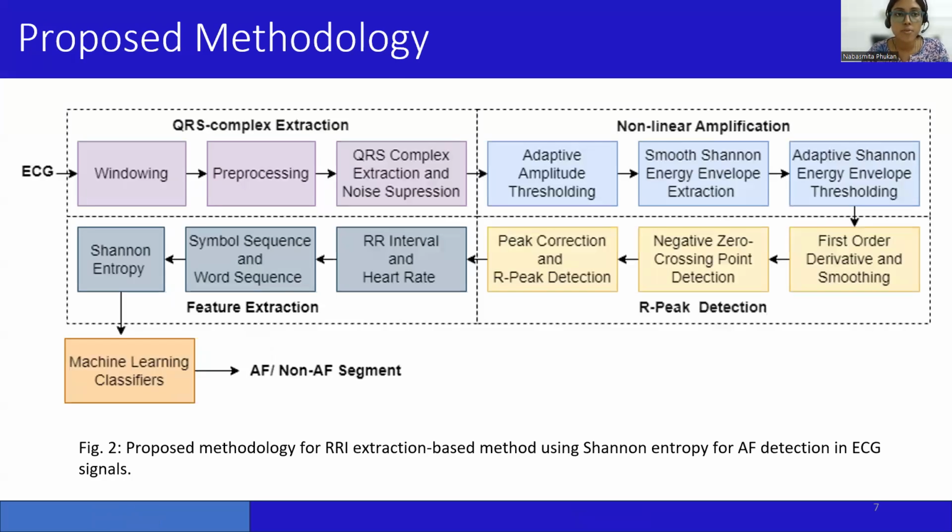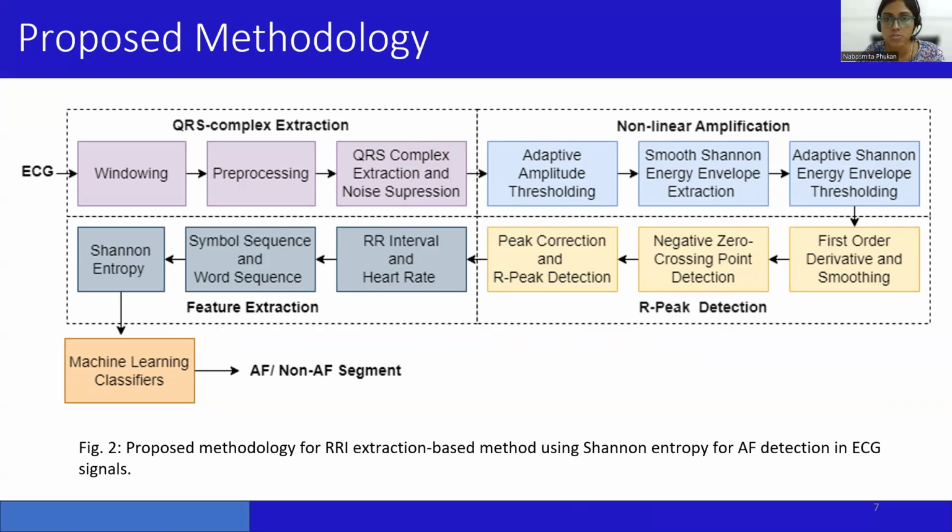Coming to the proposed methodology, there are 5 blocks. The first is the QRS extraction, where we have 3 steps: windowing the ECG signal, pre-processing the signal, and then suppressing the noise and extracting the QRS complex. After the QRS complex is extracted, we need to extract the location of the RPIC.